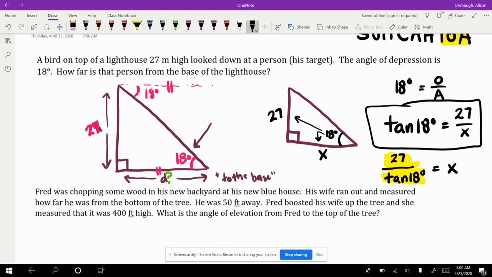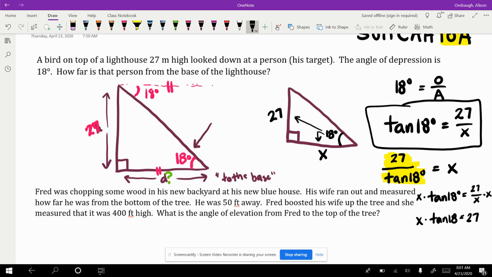And if we want to look at mathematically why that works, if I had tangent of 18 equals 27 over x, I could multiply x on both sides and get x times tangent of 18 equals 27. And then I want x by itself.